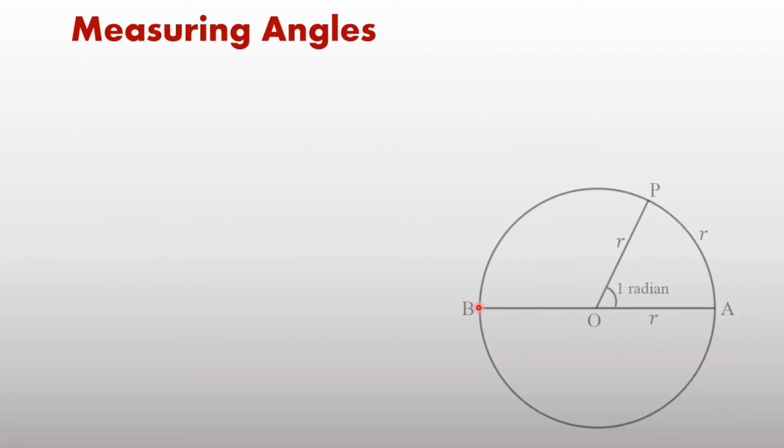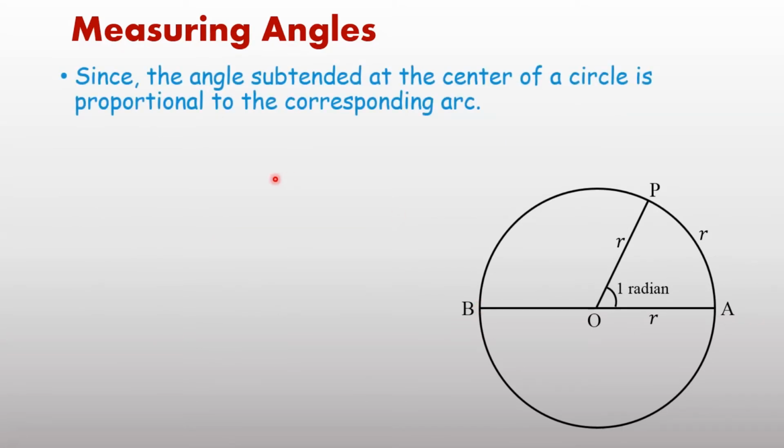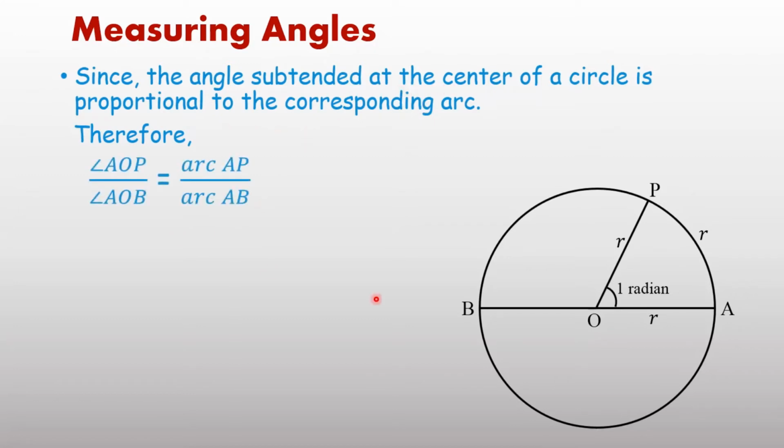Then we can write the angle subtended at the center of the circle is proportional to the corresponding arc. It implies angle AOP upon angle AOB is equal to arc AP upon arc AB, the corresponding arc.